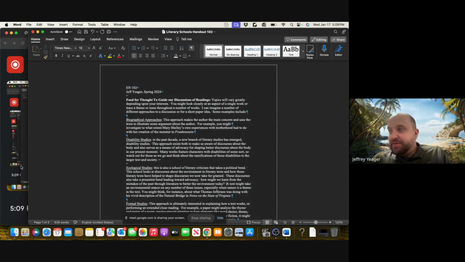Well, you would be surprised how often this one comes up in my classes. To use Frankenstein as an example again, the monster has a lot of physical disabilities, mostly deformities. So what does the treatment of the monster have to say about how we treat people with physical deformities, for instance?